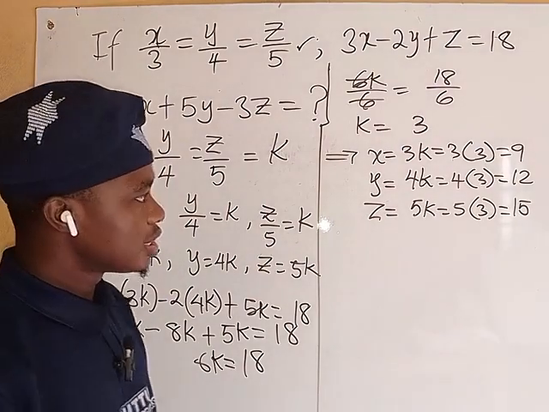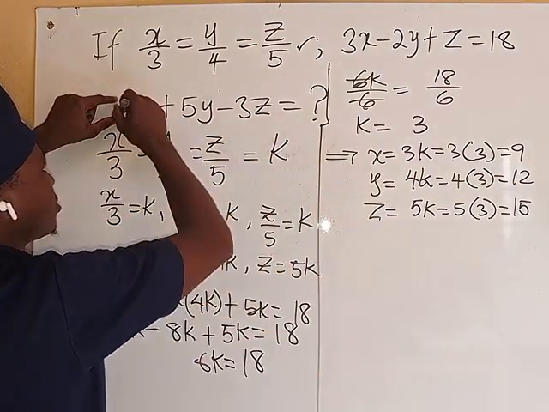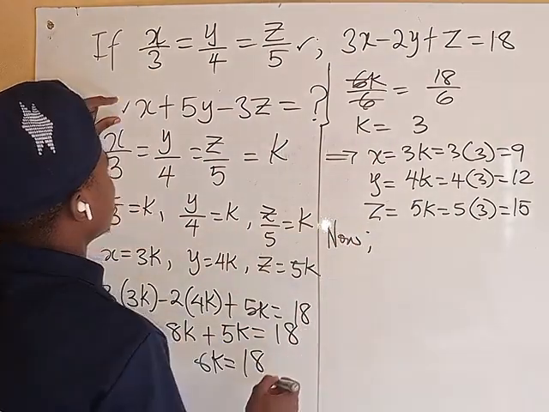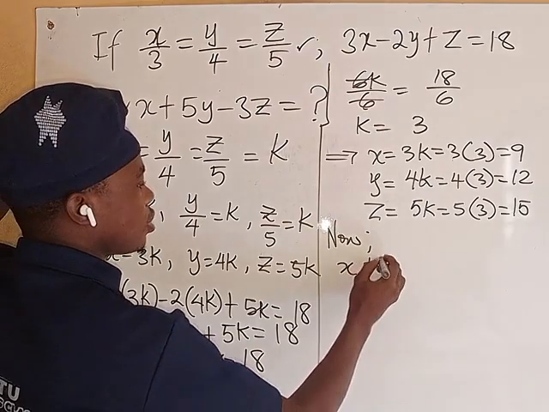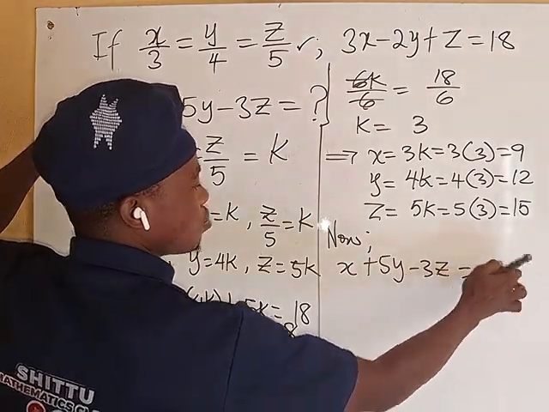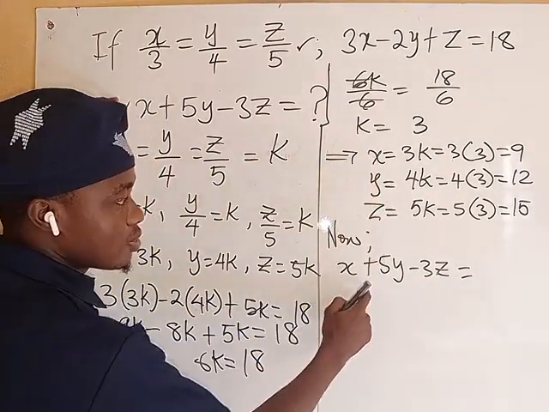Now the next thing we're going to do is to come to what we are looking for. We have x plus 5y minus 3z equals what? Let's substitute the values of x, y, and z into this.